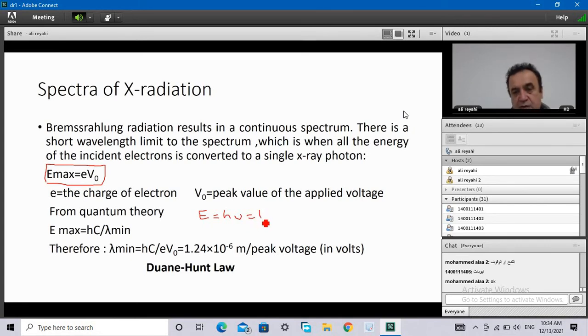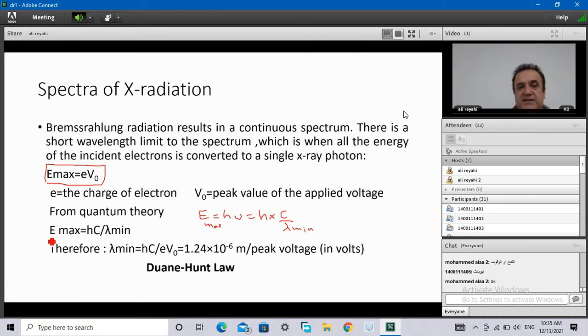We can also write this formula in this form, h multiplied by c divided by wavelength, where c is the speed of light in space and lambda is the wavelength. If energy is maximum, lambda will be minimum. It is very easy.